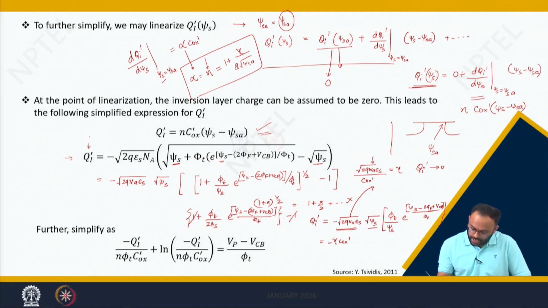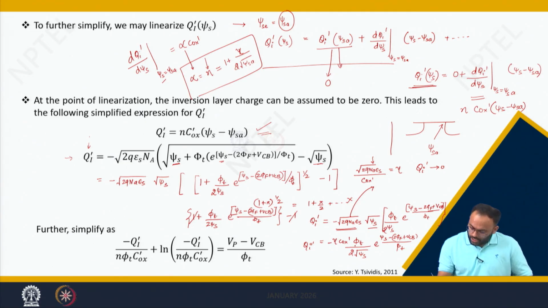Multiply this inside, and there will be a 2 coming into the picture. We missed the 2, so here 2 will be there, and minus gamma into Cox dash into phi t divided by 2 times root psi s into exponential of (psi s minus 2 phi f plus Vcb) over phi t. This is nothing but Qi dash.